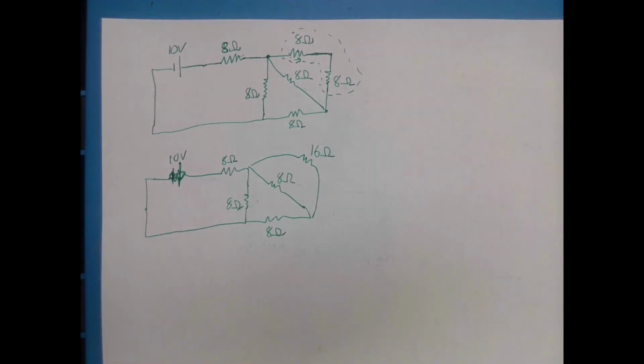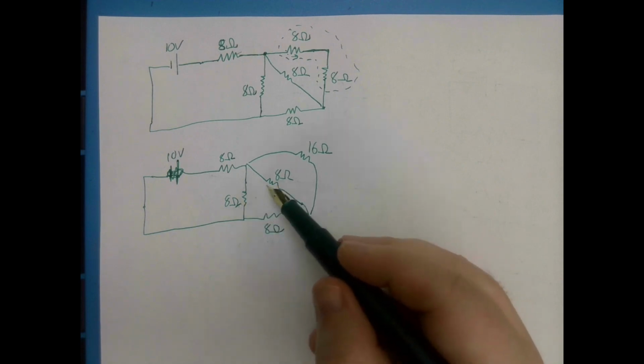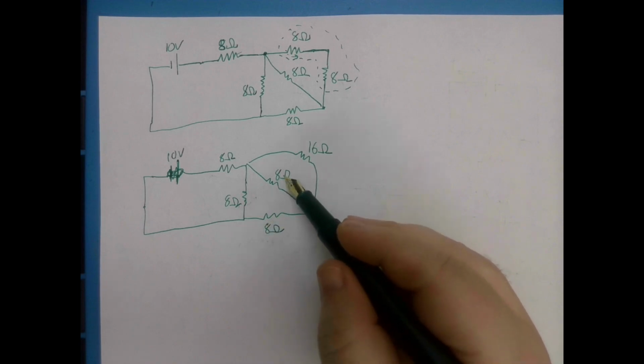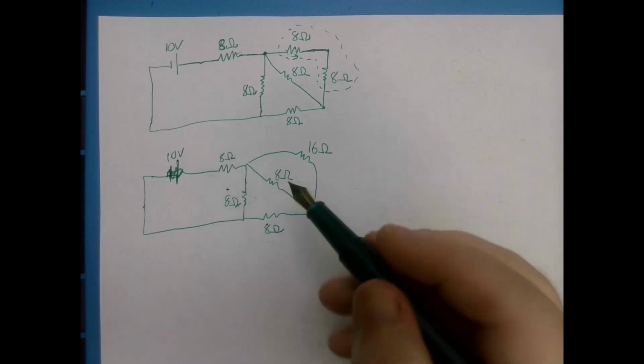Alright, what things are in series and parallel now? Which one? This one and this one? This one? Right. So this one right here? The one above it?